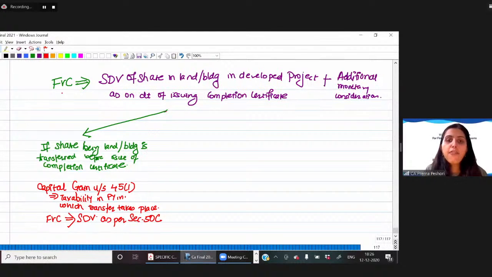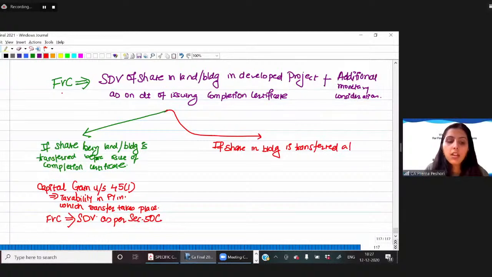And say for example, if the share in building is transferred after issue of completion certificate, then in that case, your cost of acquisition.